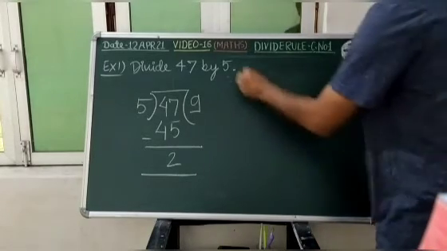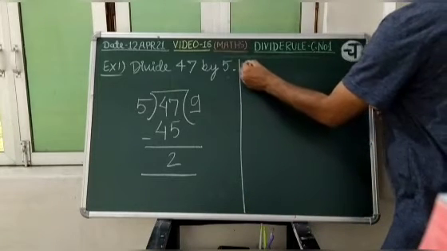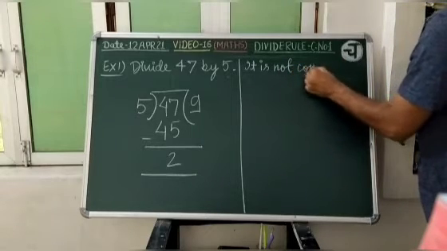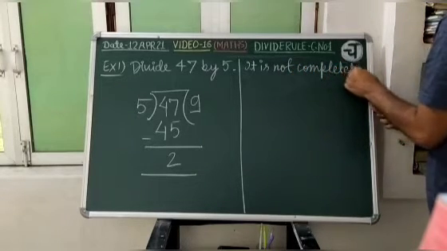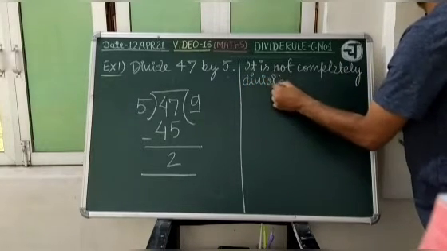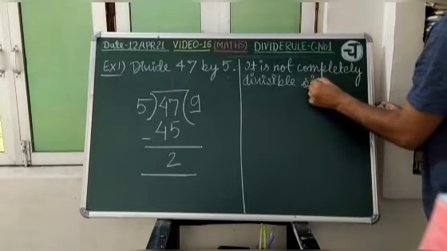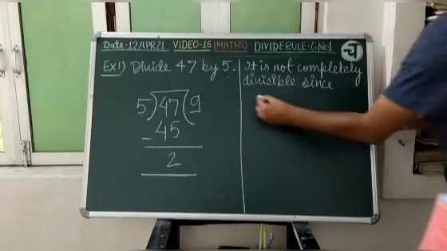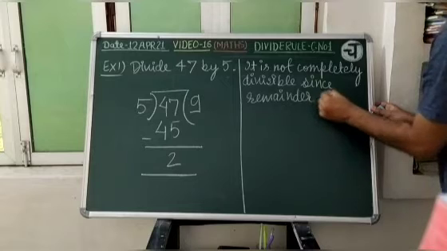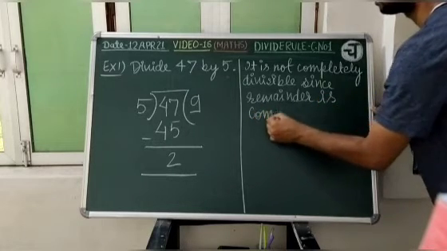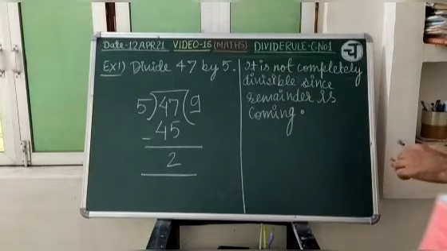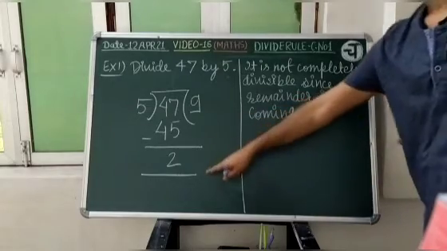So you are looking that it is not completely divisible, since a remainder is coming. The remainder is coming, hence this is not completely divisible.